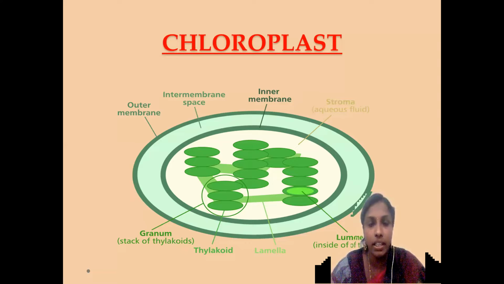We all know that if we want to trap sunlight, we need specialized structures. Those structures are arranged in the form of photosystems. The photosystems include a group of pigments. On every thylakoid, there are two types of photosystems. So let us try to understand how these photosystems are arranged on the thylakoid membranes and how they undergo light-dependent reactions.